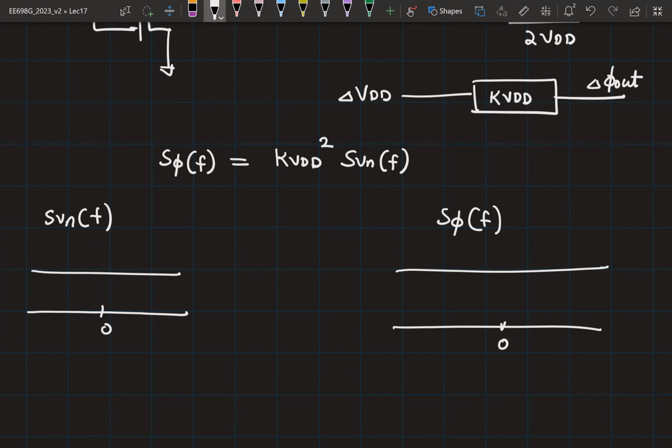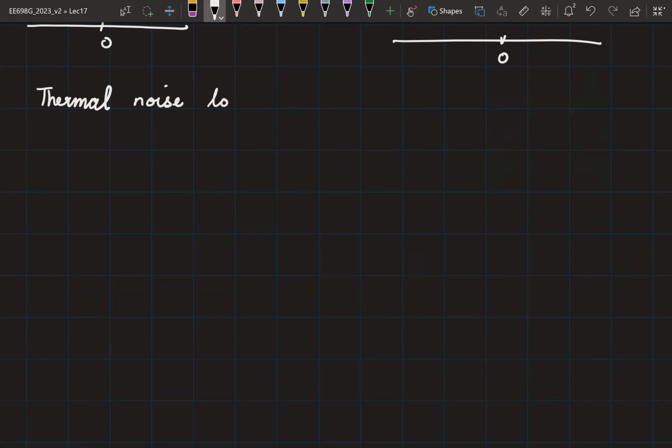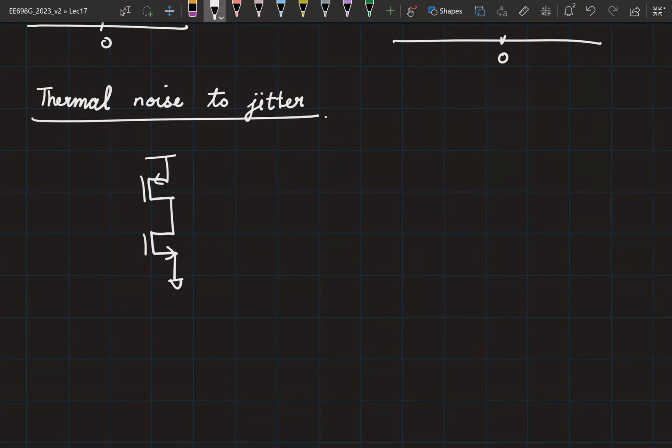Okay. So now let us consider how thermal noise is going to result in jitter. So let's say I had an input going from 0 to VDD.